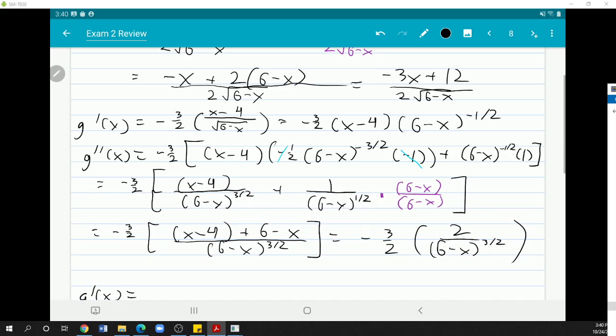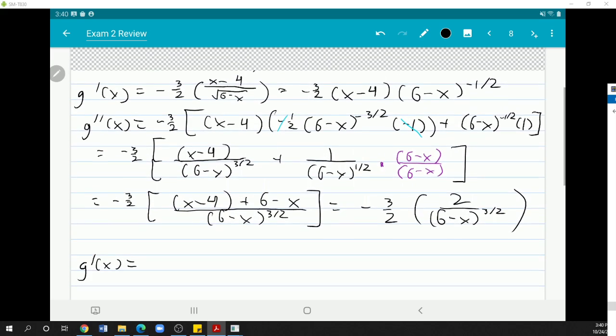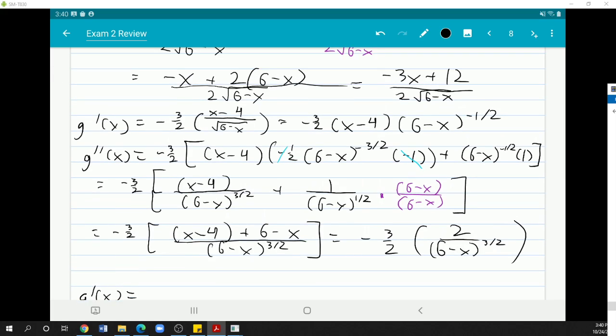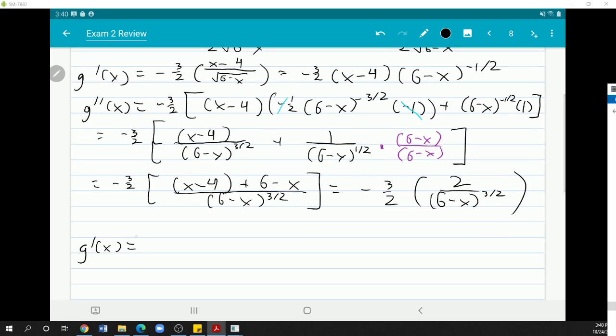So again, g prime of x was, this had the minus 3/2. Also, it's not a big deal, but those 2's cancel. But I had minus 3/2 times what? X minus 4 over square root 6 minus x.